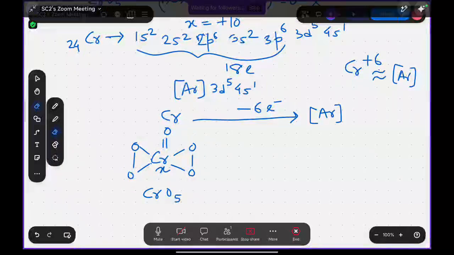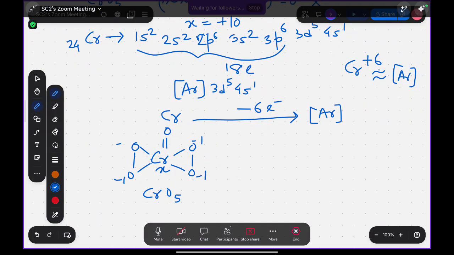Each peroxo oxygen will be minus 1. And the other oxygen atom will be minus 2. Peroxo means it is something like this, OO single bond. Whenever 2 oxygen atoms are single bonded to each other, then it will be peroxo bond.